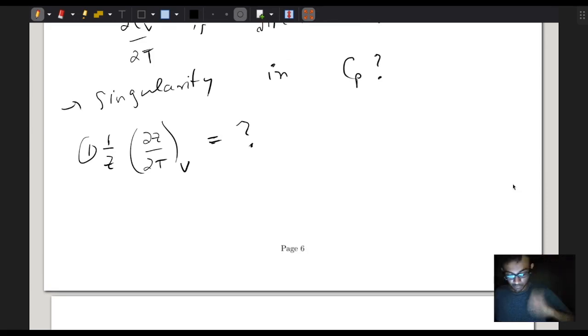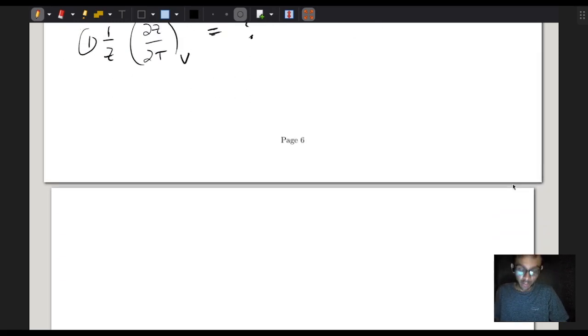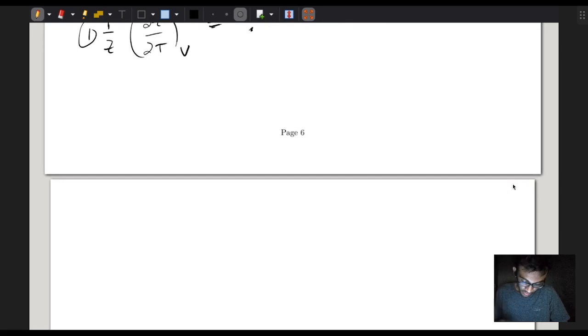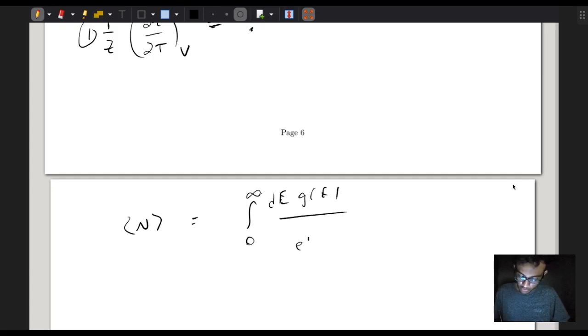Okay, so we again start with the particle number equation. So it says that n is... we've written this so many times.